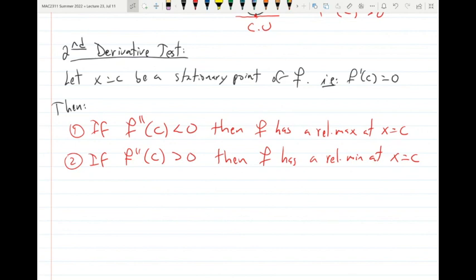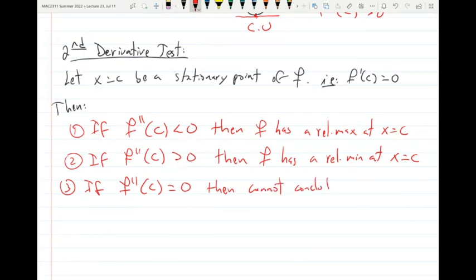You just compute, plug in, and then see what you get. But if you get 0, then you have no choice. If it is equal to 0, then you cannot conclude anything. So use the first derivative test. Okay?